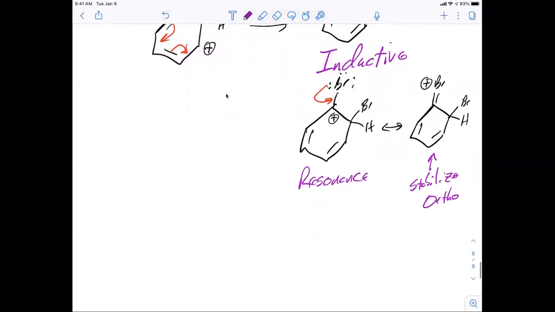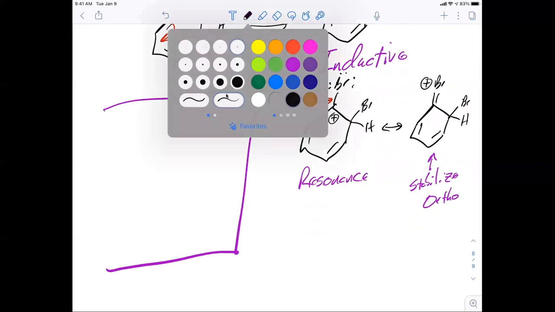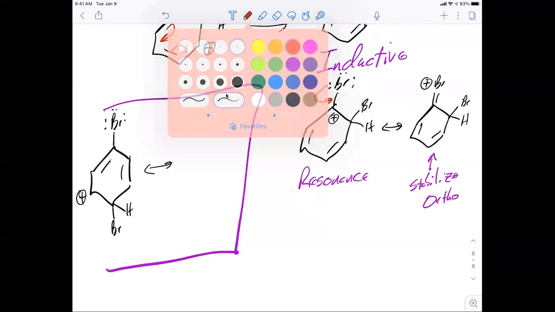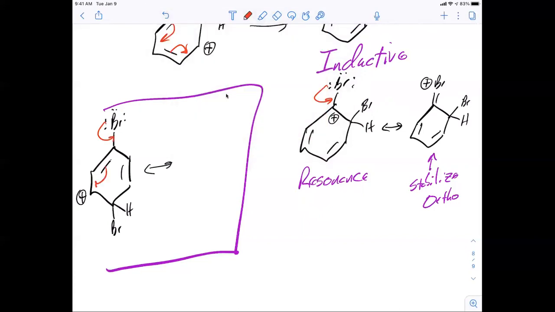It would also stabilize the para position. So we can show the lone pair coming here, electrons going around to that carbocation.